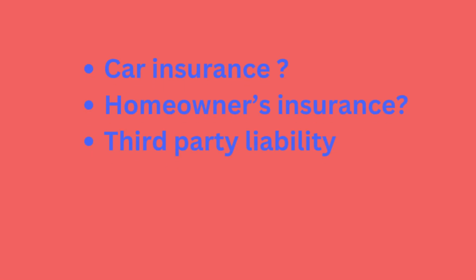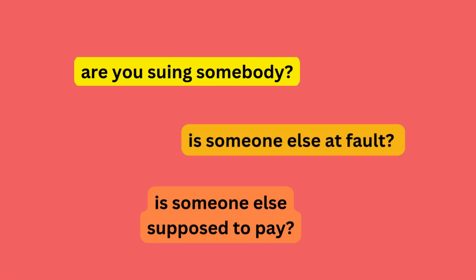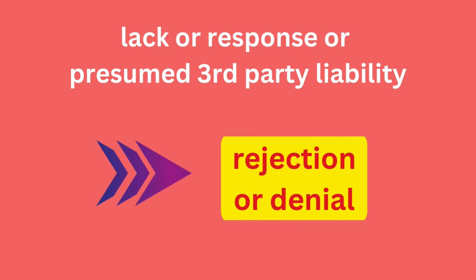If you broke your leg while shopping at the supermarket, for example, your insurance will ask you to explain how the accident happened, who is responsible, and, well, is there somebody else paying that bill? So if you do not respond, expect a denial or rejection.